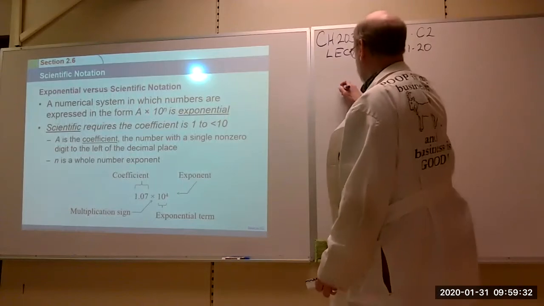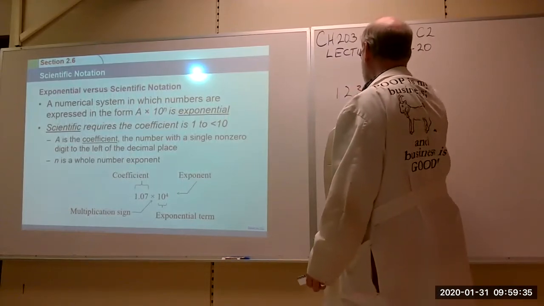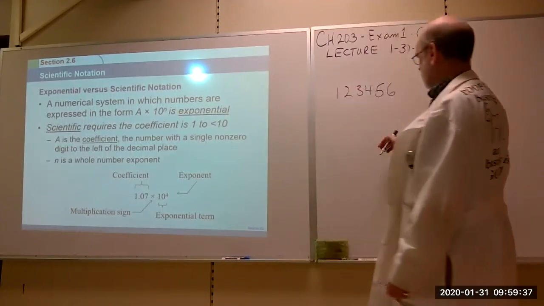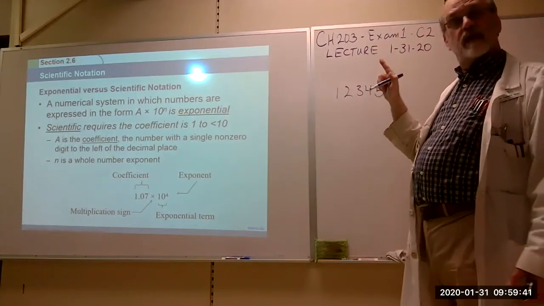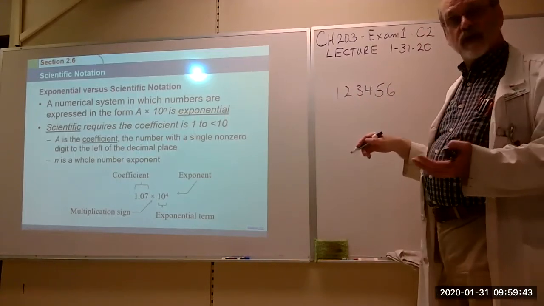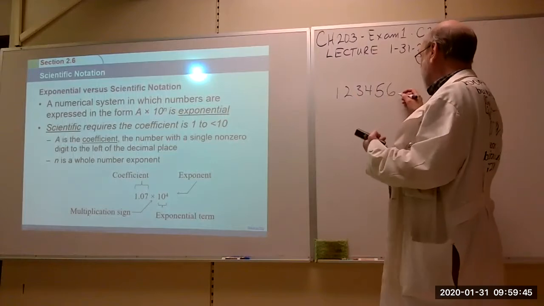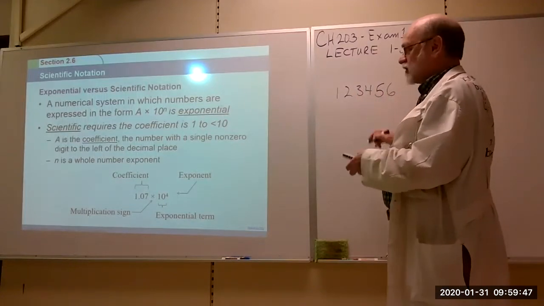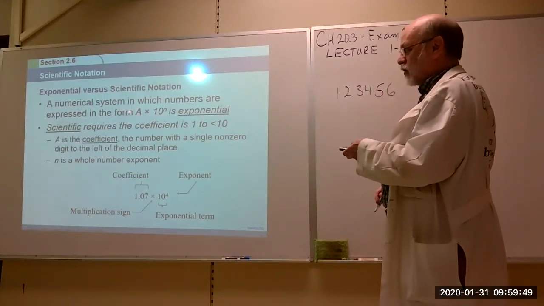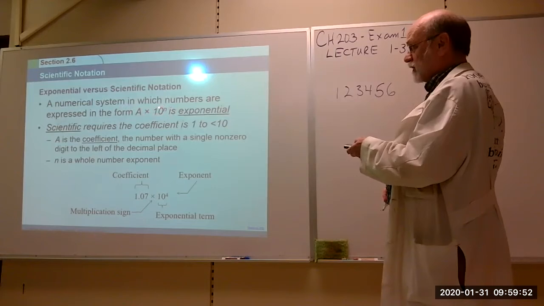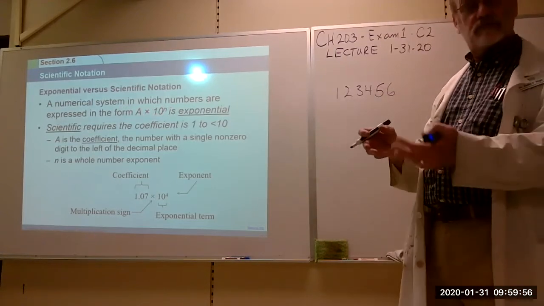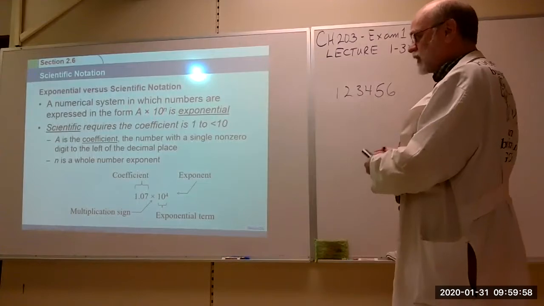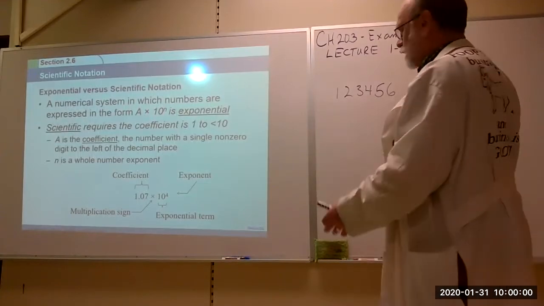So if we had a number like 123,456, and we want to make it exponential, it doesn't matter what the coefficient is, and that's what A is. A is the coefficient, and this is the exponent. This is the value of the decimal system.